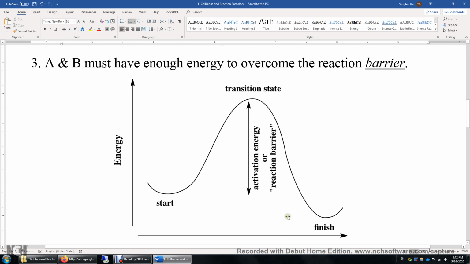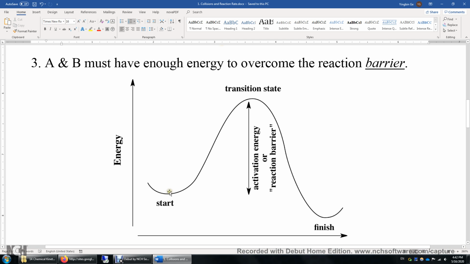If there's a tunnel, the car can simply just roll all the way down from Ellensburg to Seattle, assuming the road condition is good. But in reality, there's a Snoqualmie Pass here. That's the so-called transition state or activated complex.